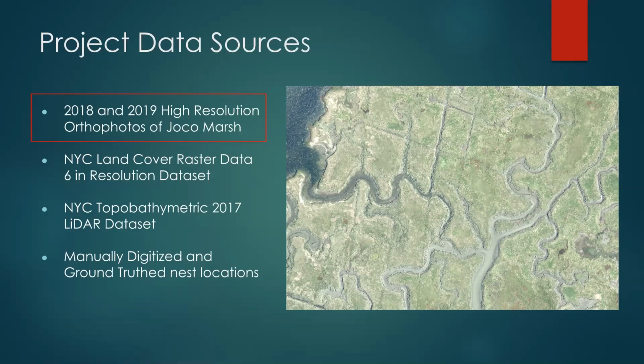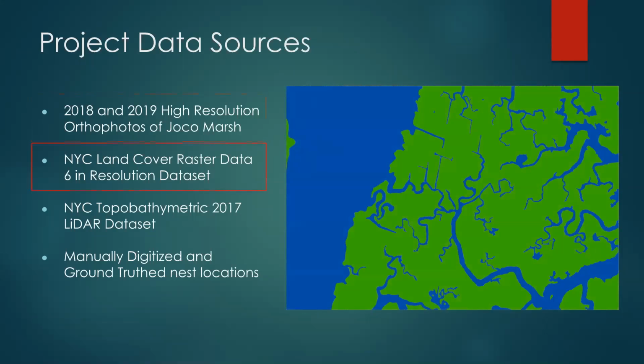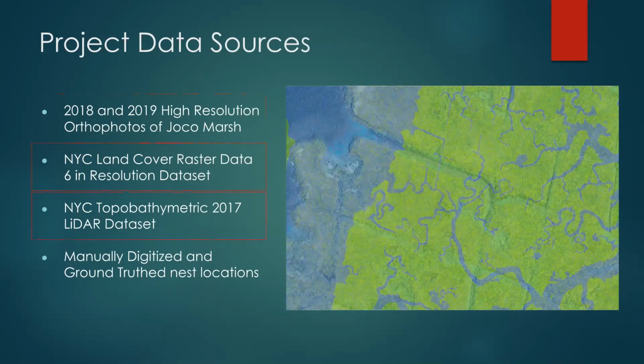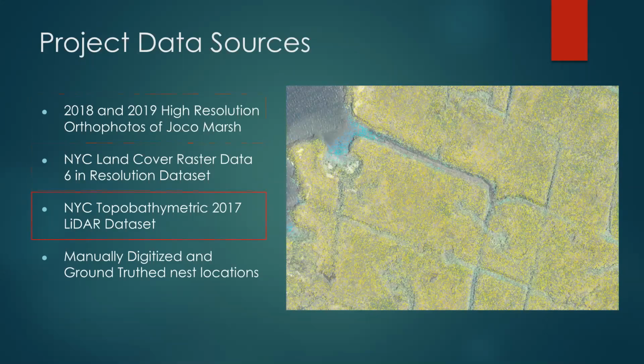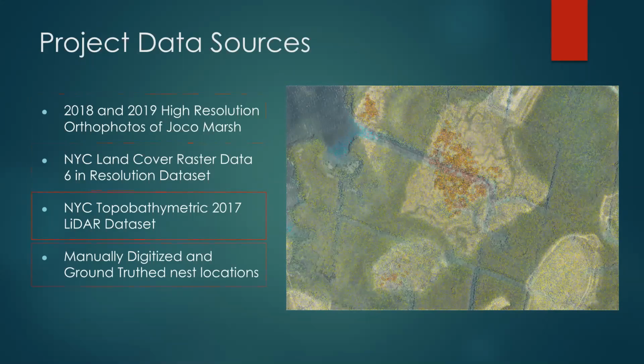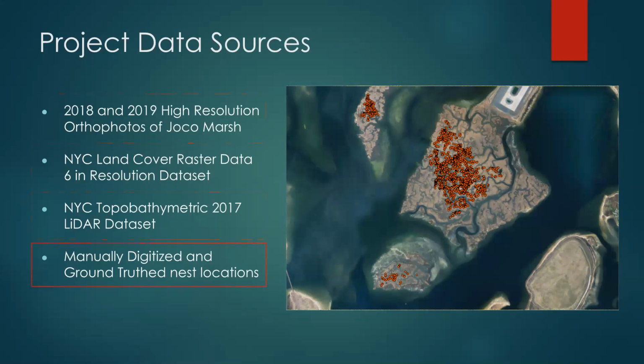We also had access to the New York City land cover raster dataset, which we used to provide an initial mask to separate between land and water, as well as the New York City topobathymetric LiDAR dataset, which we used to generate a DEM layer to determine the elevation of different locations on the marsh. And finally, we had access to manually digitized laughing gull nest locations and ground truth nest locations for 2019 to aid our visual examination to assess rule set performance.